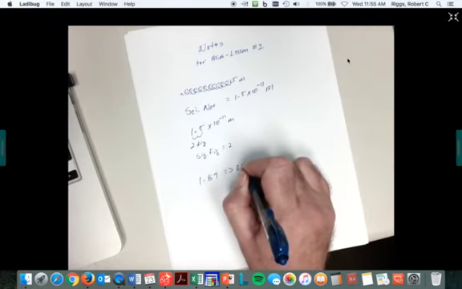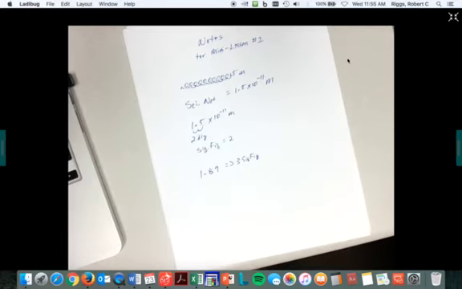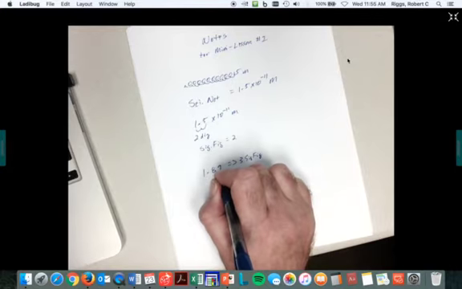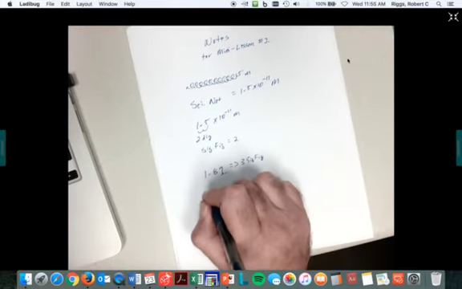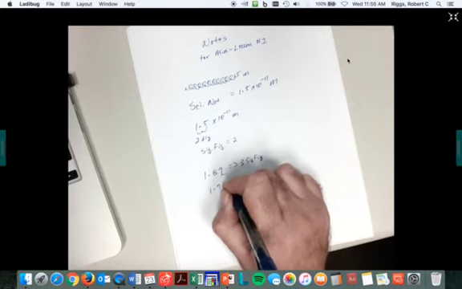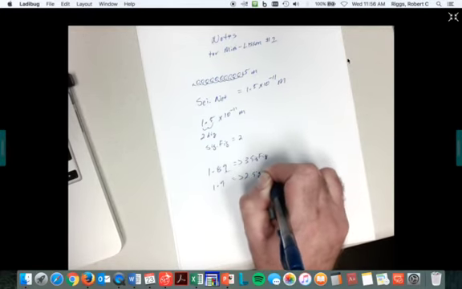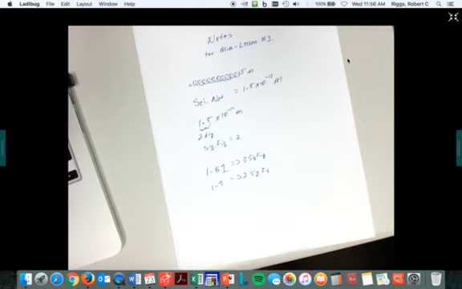And I'm not going to gig you too hard on this at all, but I just wanted you to keep your numbers in 2 sig figs because that's the way I enter it when you have to do a calculation on Blackboard. And the 2 sig figs of this would be, well, 9 is bigger than 5, so that would be 1.9 in 2 sig figs. So this is the scientific notation, and this is the significant figures. Okay?